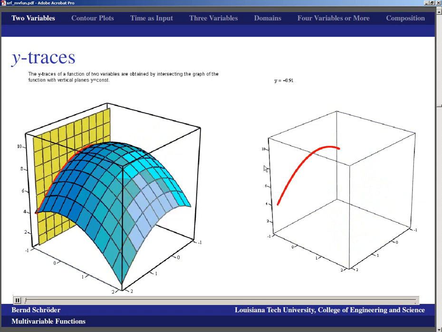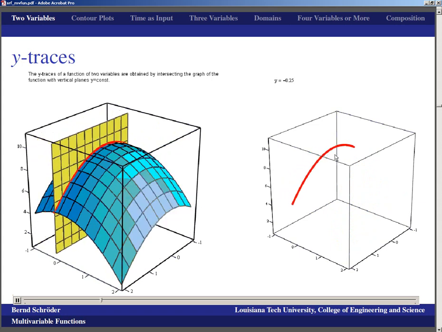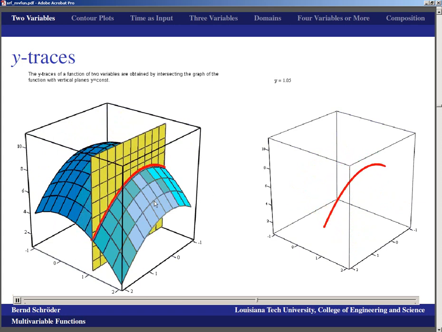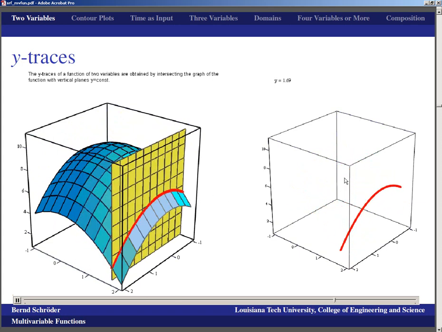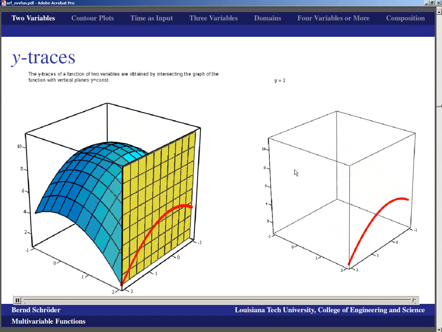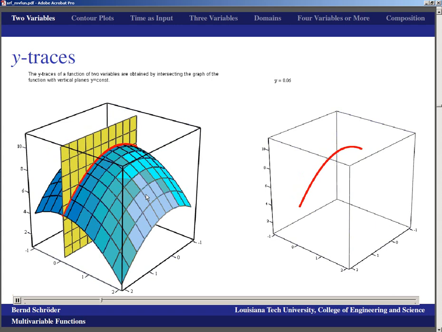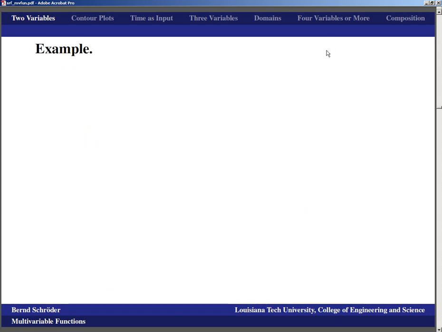As that plane moves along, we get different kinds of intersections. And if we know what these intersections look like, we get a pretty good idea what the graph should be. Because if I were to just show you the right-hand side here and say, put this together in your mind as a picture where this smears out, you would pretty much get this picture.